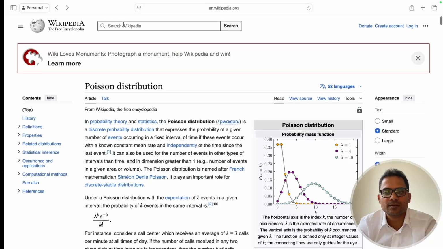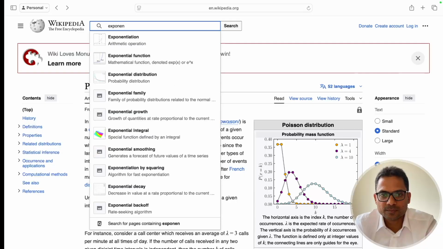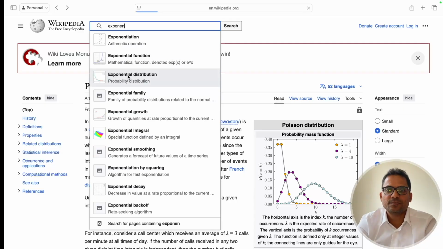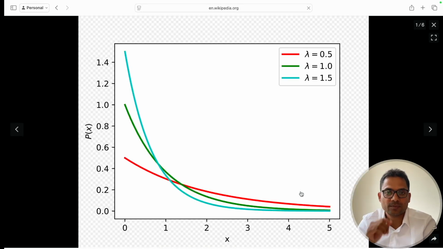Similarly, we can search for exponential distribution, and here you see this is the exponential curve for each lambda, the constant rate. This is the waiting time between the events that we saw on the Poisson curve. Refer to this, it is very good.